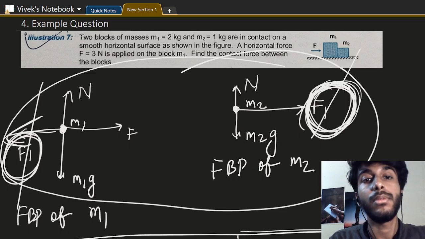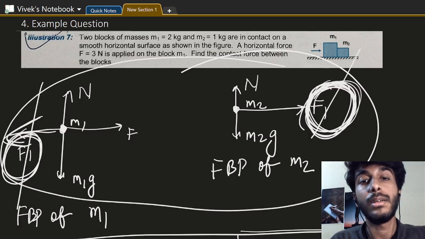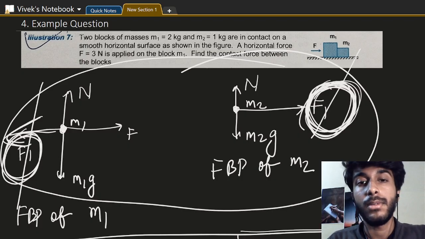We can also infer from this that the contact force is an internal force, and the sum of all the internal forces is zero. So this is also one inference that you can remember. I think we are done with this example.